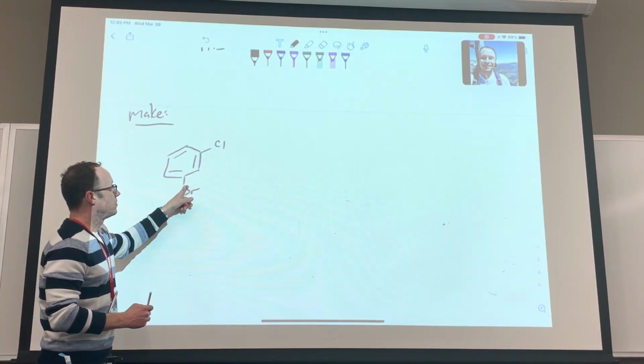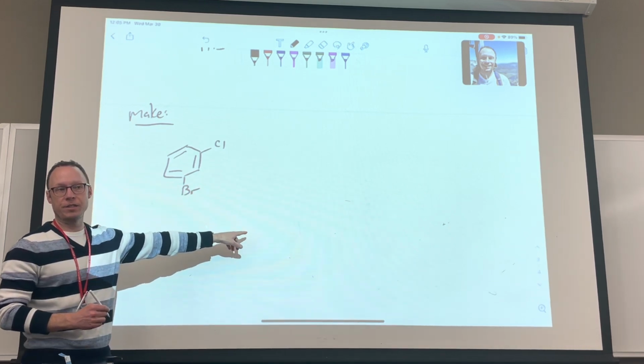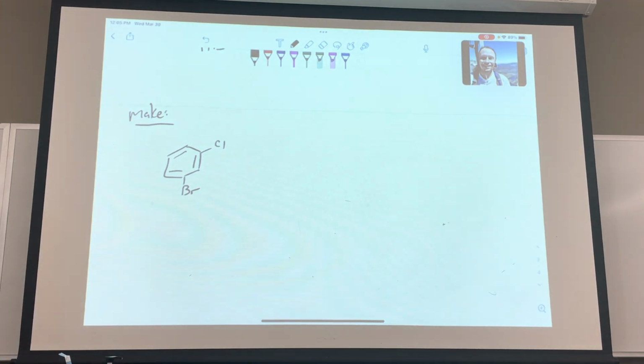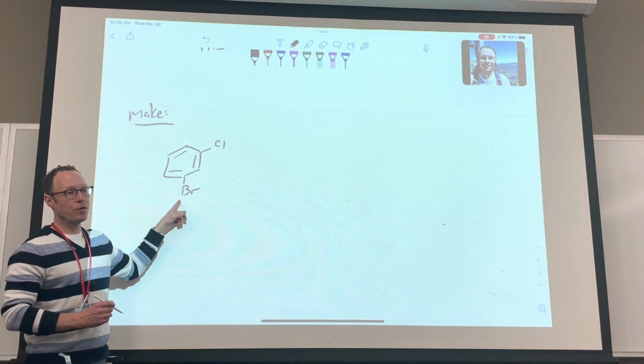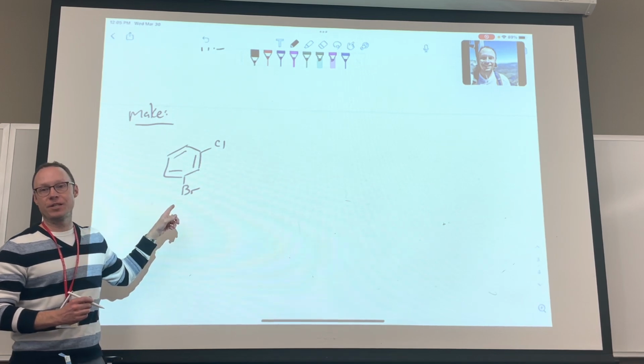So could I just take that bromobenzene and do a direct chlorination using the Cl2 and FeCl3? No. Why not? Because it's going to direct it either ortho or para. Yeah, exactly. That's the problem. Remember, halogens are ortho-para directors, yet I'm trying to get these two meta to each other.